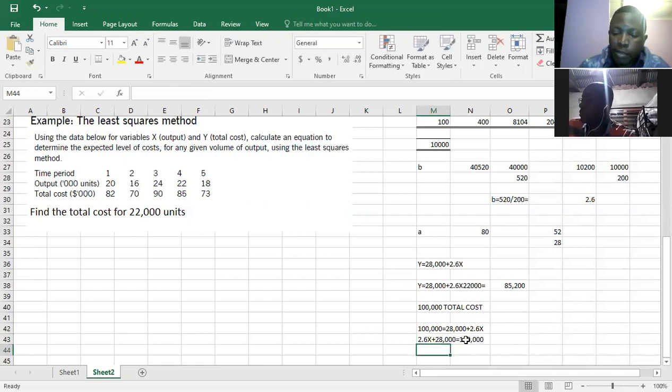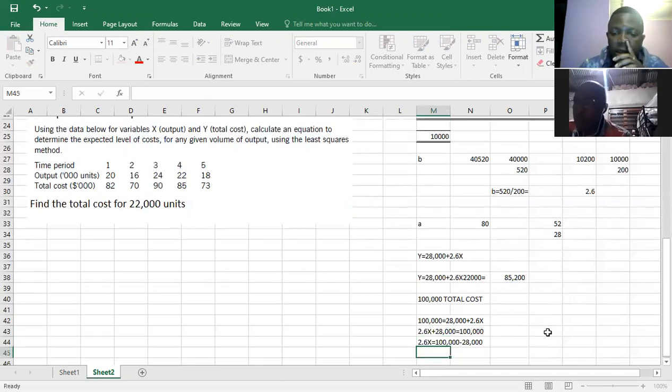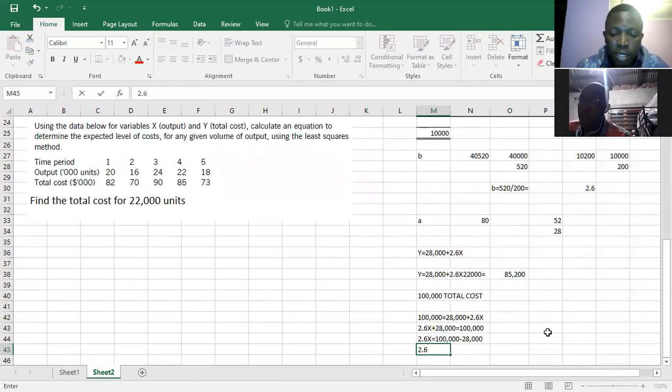Like terms together: 2.6x equals 100,000 minus 28,000. 2.6x equals 72,000.